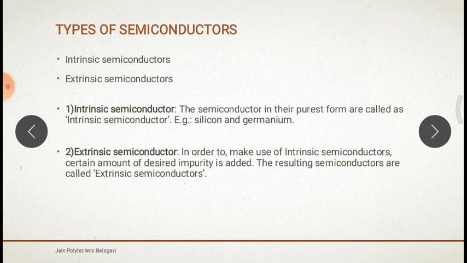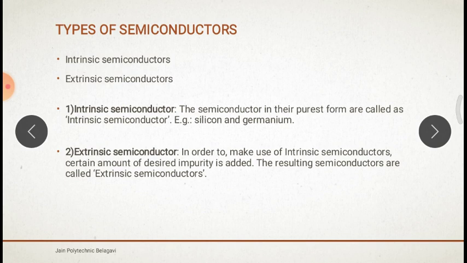For an intrinsic semiconductor in its pure form, one point we have to remember: for a completely stable condition of the atom, we require 8 electrons in the outermost shell. If it has 8 electrons, then it is completely filled and completely stable. In this pure intrinsic semiconductor, one atom has 4 valence electrons and the other also has 4. So 4 and 4 do the bonding, completing the 8. Then there are no free electrons, and it acts as an insulator only.